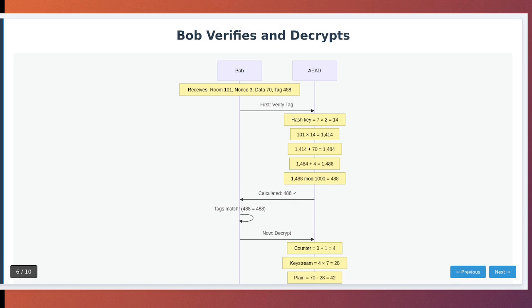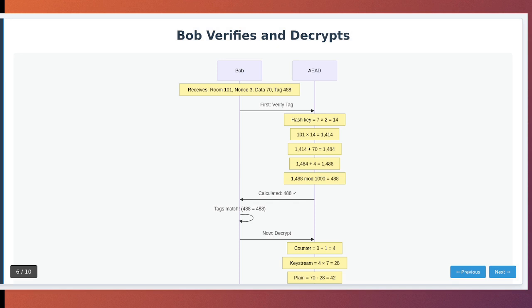7 times 2 equals 14. Next, he processes the associated data. 101 times 14 equals 1414. Then, he adds the ciphertext. 1414 plus 70 equals 1484. He then adds the lengths. 1484 plus 1 plus 3 equals 1488.